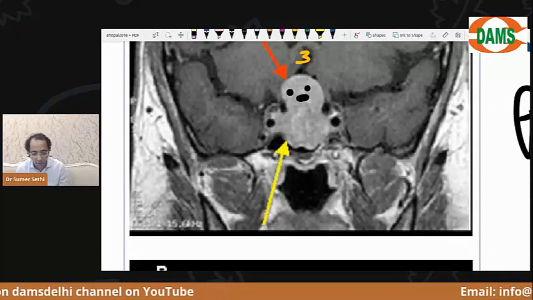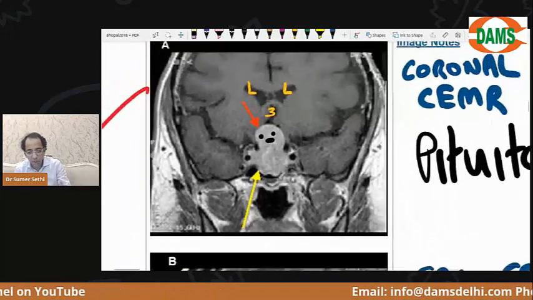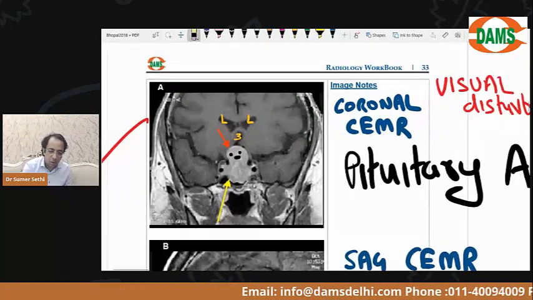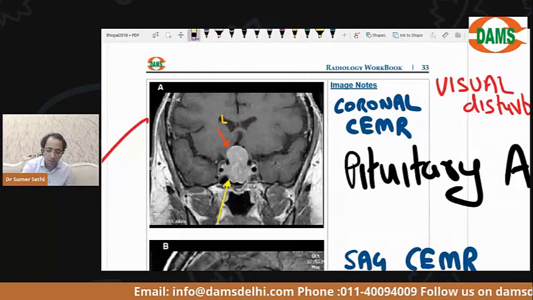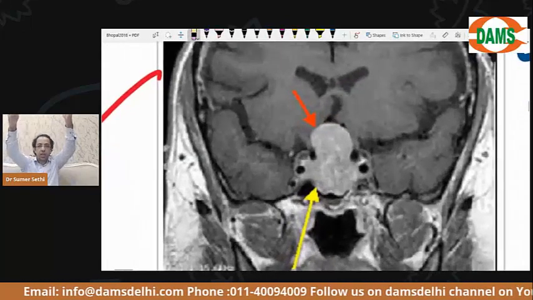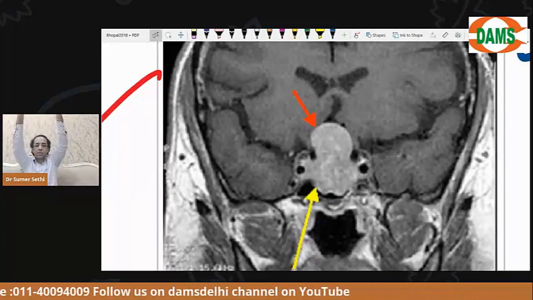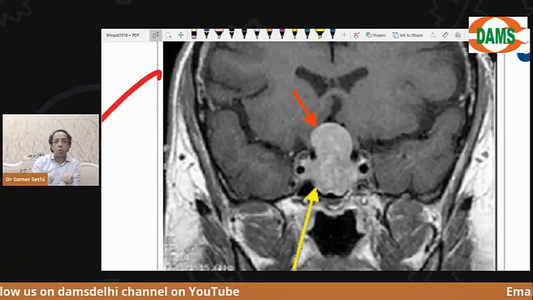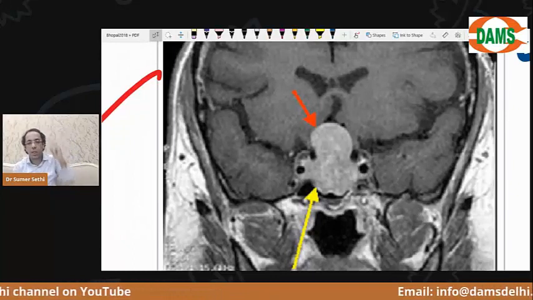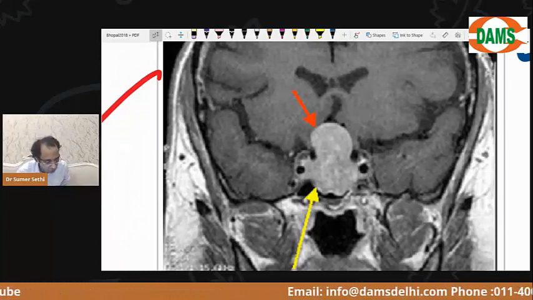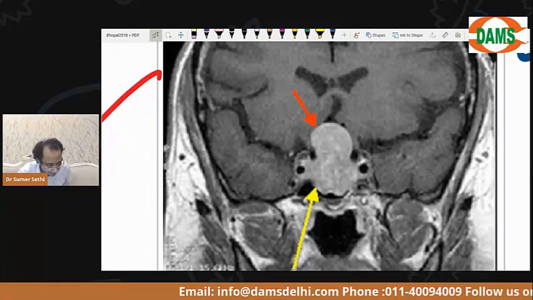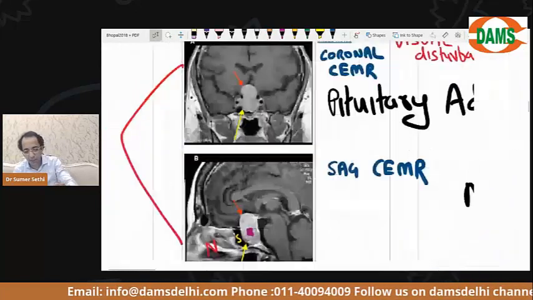Okay, everybody understands the concept now. This is pituitary adenoma, and you know by now that to cause visual disturbance it must be compressing the optic chiasm. So it is the macroadenomas which compress the optic chiasm. Microadenoma will be so small, a few millimeters, it will not reach the optic chiasm. This is a pituitary macroadenoma. Clear? Everybody understands? Brilliant.